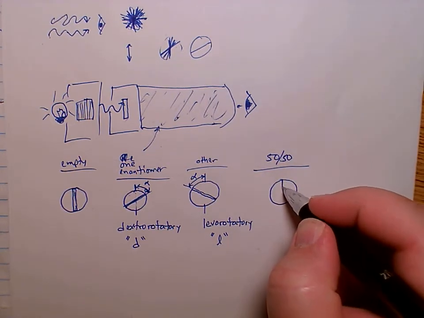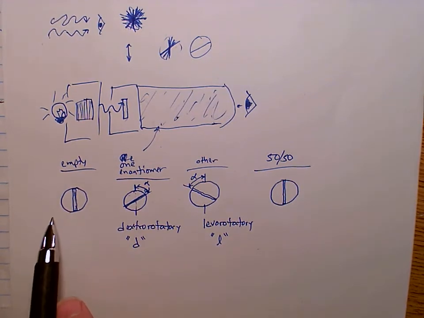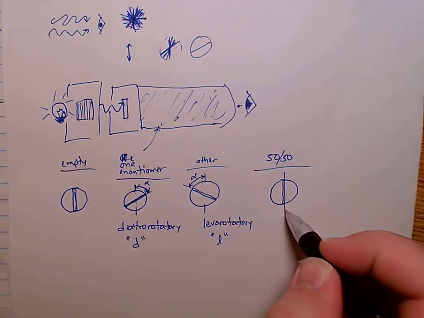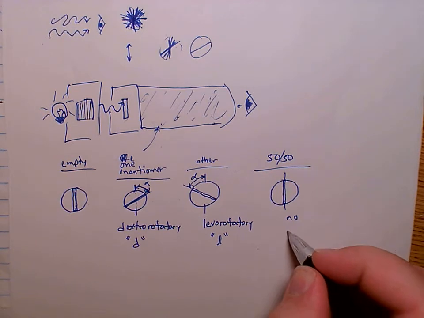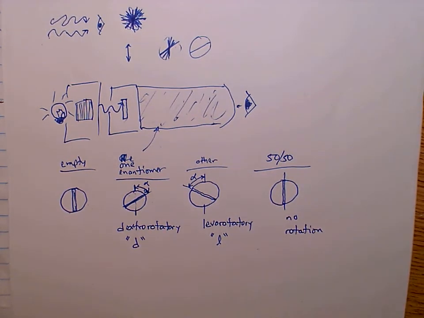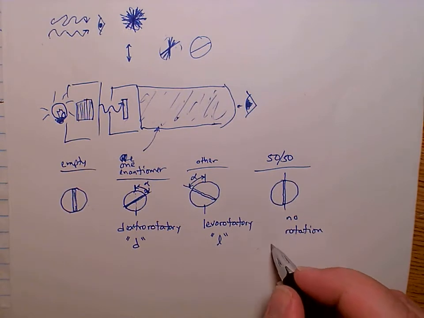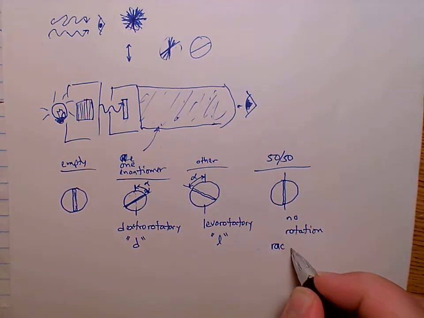A 50-50 mixture of the two enantiomers gives us the same result as if the tube is empty, no rotation. Okay. So if there's no rotation, we call this 50-50 mixture of two enantiomers a racemic mixture.